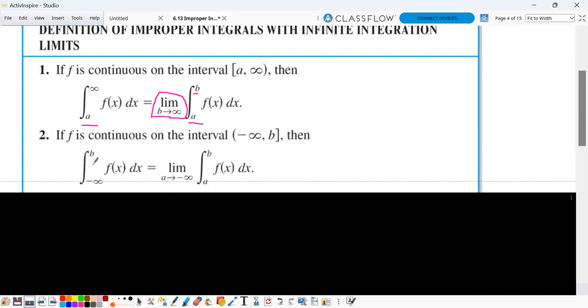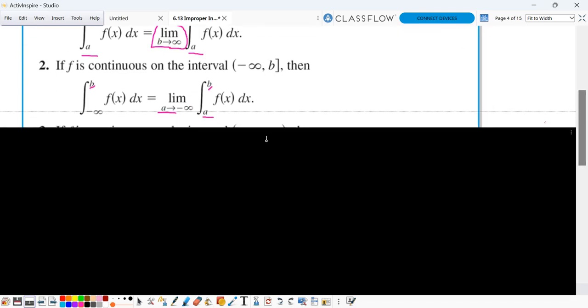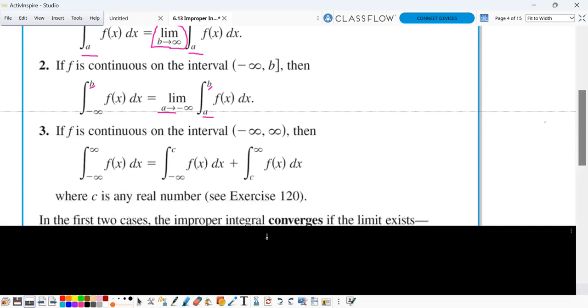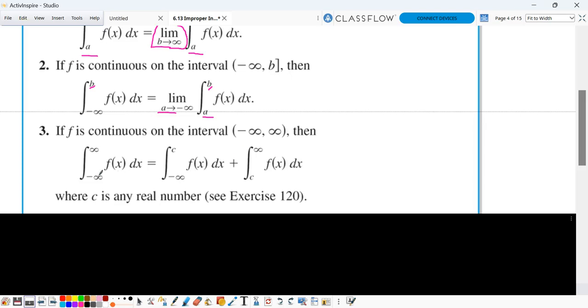So here is negative infinity to b. Then you keep the upper bound b as it is, and choose another letter a, as a goes to negative infinity. These are considered the simplest, easiest kinds of examples, where you just have to use a limit statement and do the calculus. Now, sometimes both the upper bound and lower bound are infinite, negative infinity to positive infinity.